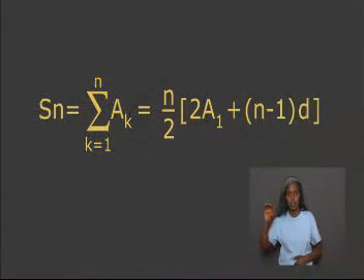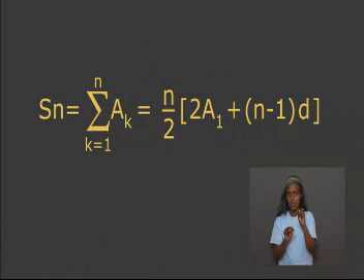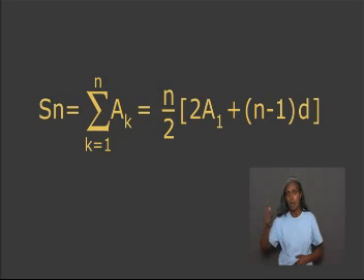This formula can be used to prove a theorem regarding arithmetic sequences. The sum Sn of the first n terms of an arithmetic sequence with first term a1 and common difference d is Sn equals sigma ak with index k, upper limit n, and lower limit 1.